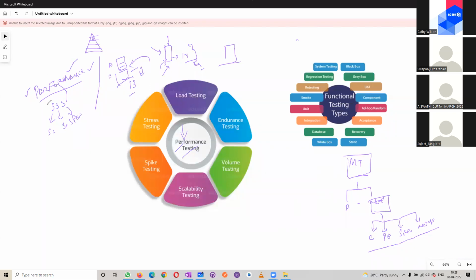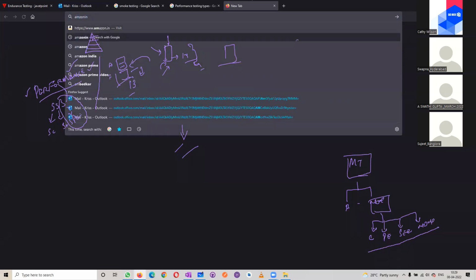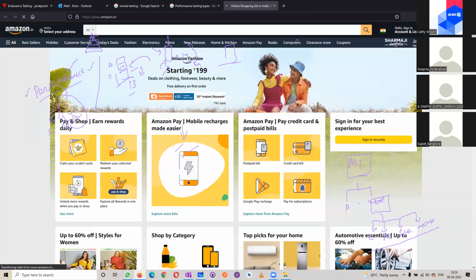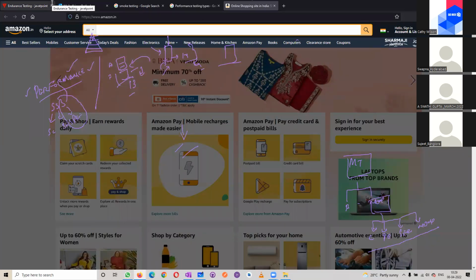Now, how would the performance of an application be measured? The performance would be measured in terms of speed. For example, when I am searching for something on an application, so that it will be very clear, here I want to search for shoes.